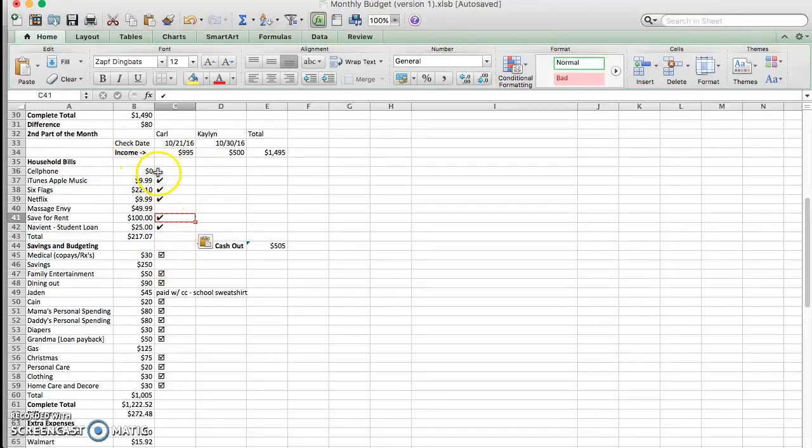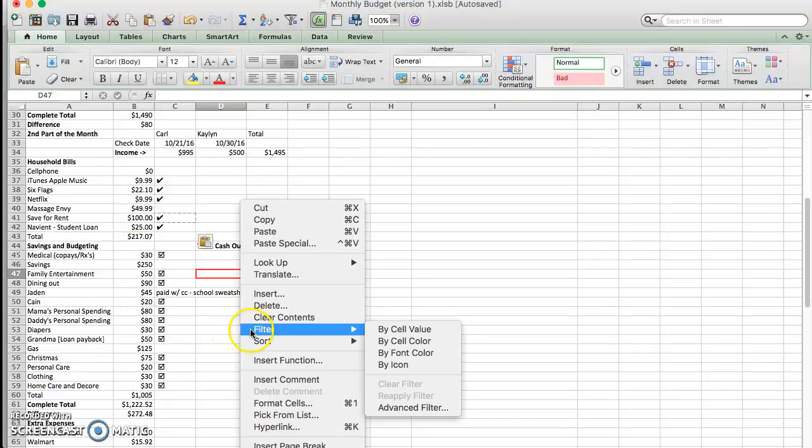Our cell phone bill was already paid for this month when I did this budget, so I didn't have to factor that in. But all these other bills except this one have already been paid out, so they have a check mark next to them, and then I have the total amount there.